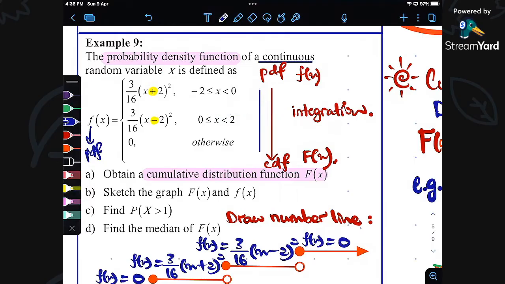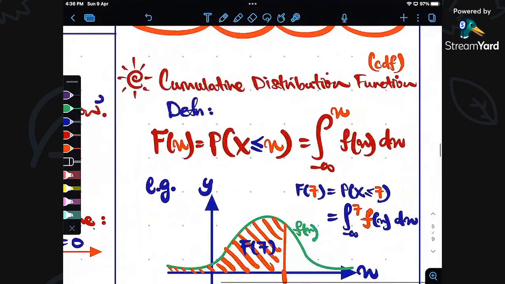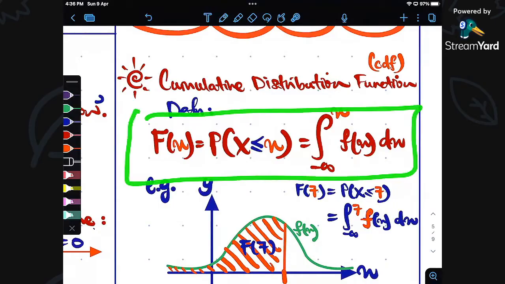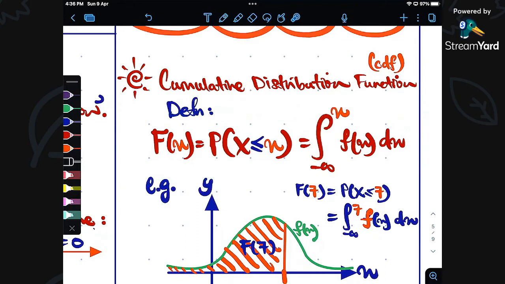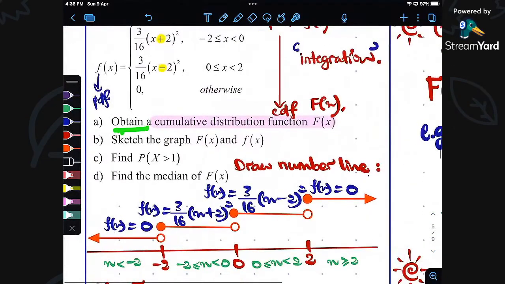I will only teach you how to solve from PDF to CDF using integration, since the definition here is in fact integration. So I am here to make sure you understand how to apply this negative infinity until x. That is what we are going to learn for this question A.